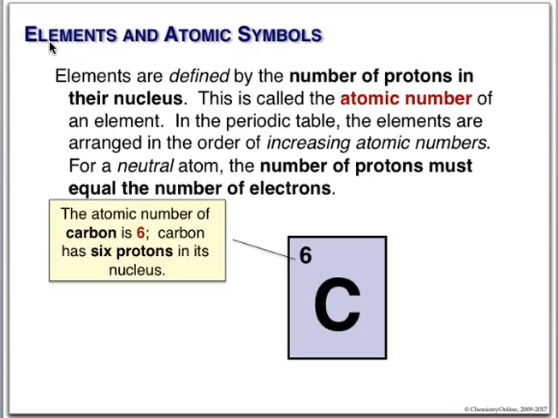It's important that you remember that the one thing that defines what an atom is, is the number of protons in the nucleus. That's its atomic number. It doesn't matter how many neutrons or electrons you have, it all comes down to the number of protons. Anything with 6 protons is a carbon atom.